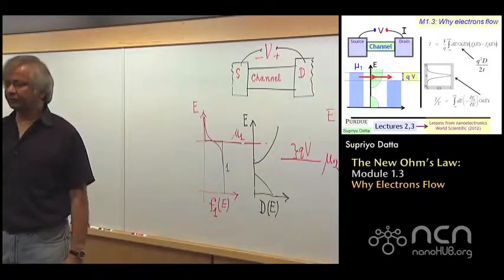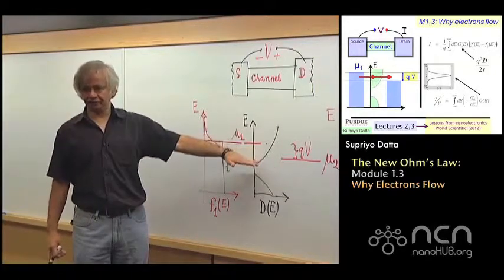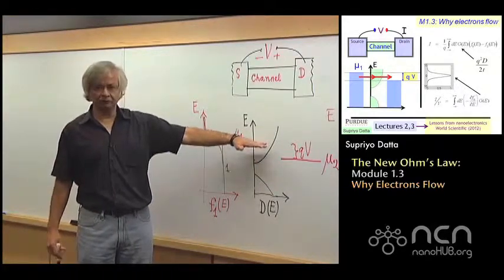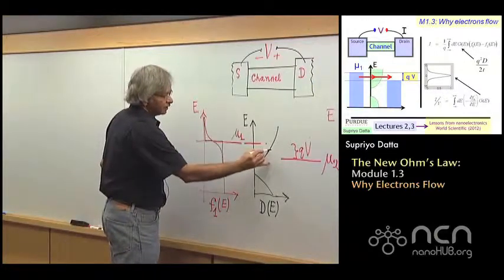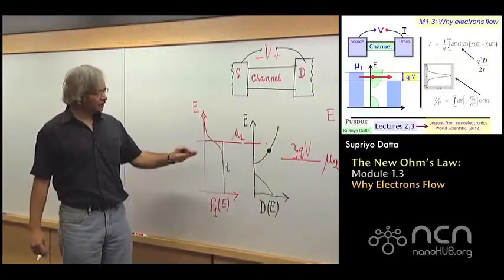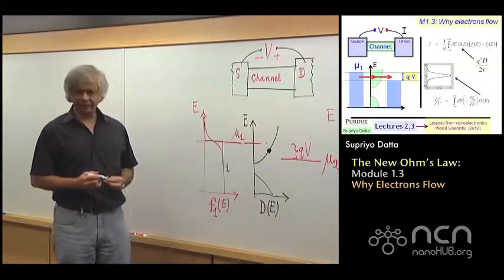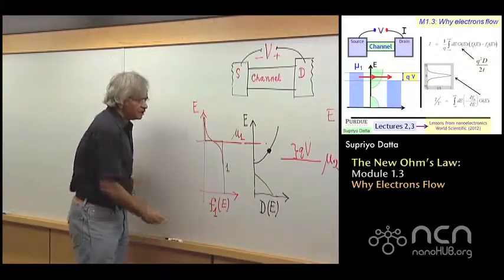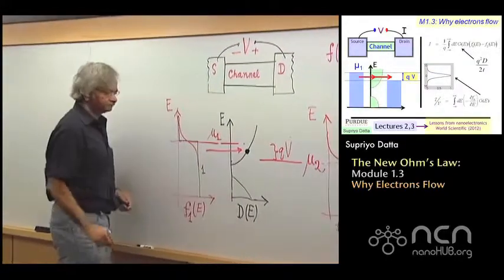Equilibrium with itself means it would like to keep the channel filled all the way up to mu1. So if you consider a level here at that energy, this contact would like to keep that level filled, and if it happens to be empty, it will immediately put in an electron and fill it up.